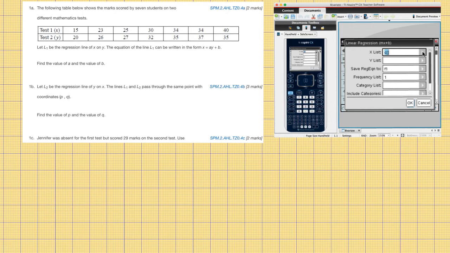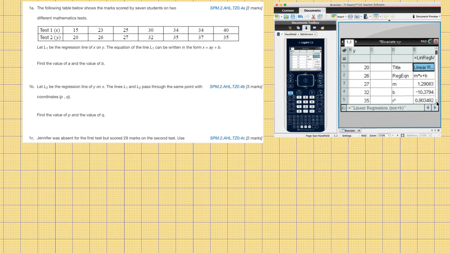So that means your x coordinates is your y list, and your y coordinates are your x list. So make sure you put the right lists in the right column. Okay, and there you go. So, regression line mx plus b, where m is 1.29 and b is minus 10.3.